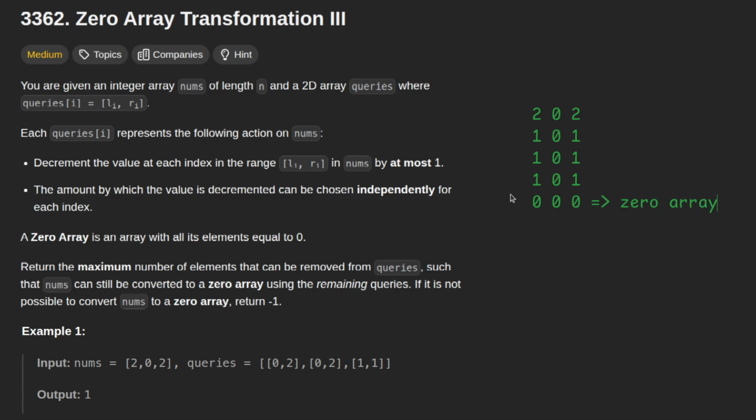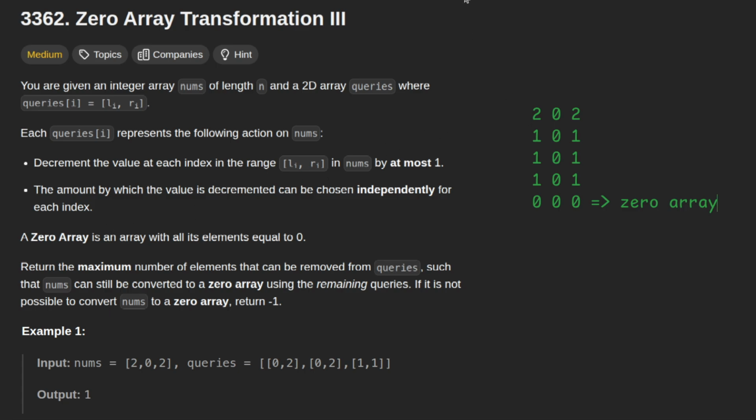So first is decrement the value at each index in the range of Li to Ri in nums by at most 1. So we can either decrease by 0 or decrease by 1 for each index in the range. Now the amount by which the value is decremented can be chosen independently for each index.